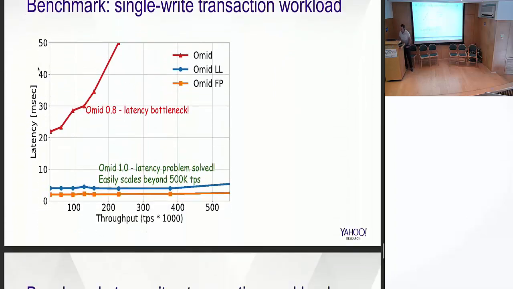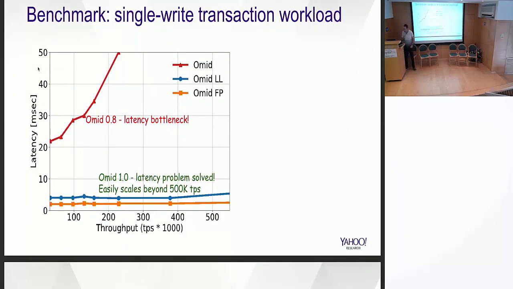Just in order to conclude and to show the way that we made since the first version of Omid that has been deployed in the field, you can see that the first version of Omid could scale quite nicely to hundreds of thousands of transactions per second.